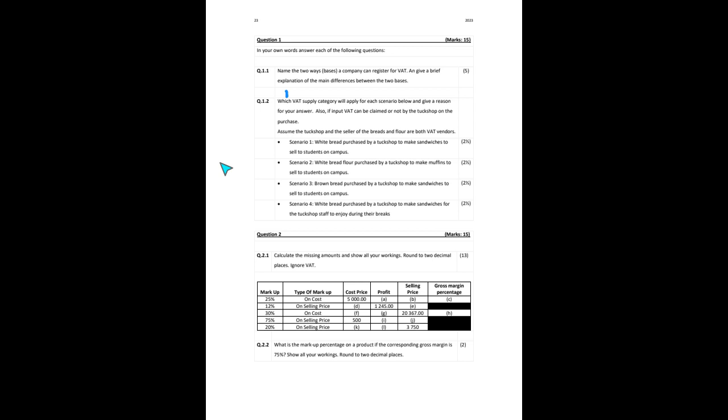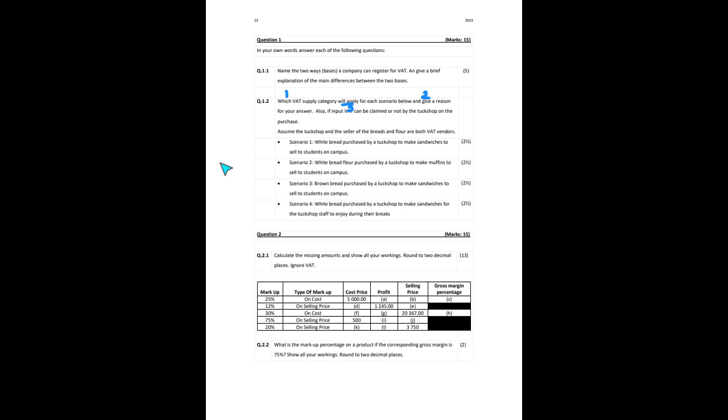Number 2, you must give a reason why you chose that VAT supply category. And number 3, can input VAT be claimed or not? Okay, so for each of these, you must make sure you answer each of those 3 parts of the question. So just read these carefully.